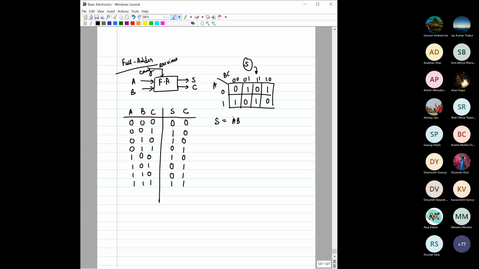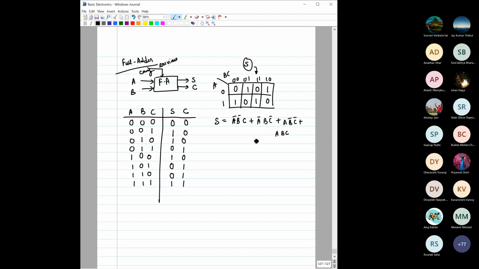So it is A bar, B bar, C. Okay, next one is this. It is A bar, B, C bar. Next one is this. It is A, B bar, C bar. Plus, next one is this. It is A, B, C. Right? So you cannot minimize it.